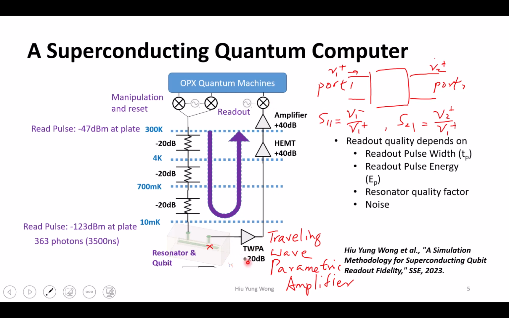Usually, like in your cell phone receiver, the first stage, what we call the low noise amplifier, has very little noise, although it has less gain, but then you have a much larger gain later. So here you see that I have a HEMT, high electron mobility transistor, which is usually made of gallium arsenide and aluminum gallium arsenide, a hetero interface, which we touched upon a little bit.